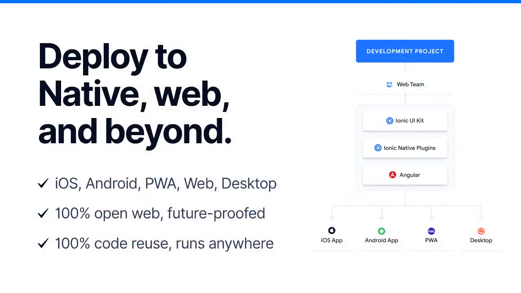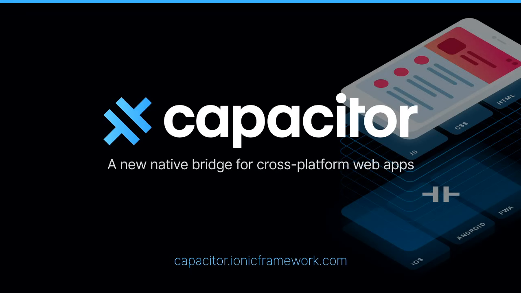All open source, all using open technologies, not using proprietary platforms, and having 100% code reuse everywhere. So that same app can run on iOS and Android and on the web, literally not changing a single line of code. This project itself is called Capacitor. If you do have questions about this, I'll happily go over all of them. But we think this is a good direction forward and moves in line with Angular and Ionic as well.